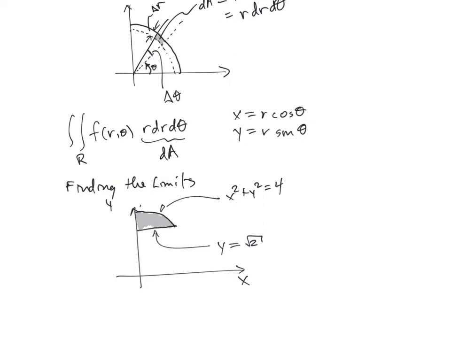How would we find the limits for r and theta? Well, it's always good to know where all the terminal points of this region of integration are. If I draw this axis up a little higher like that, what is this point right there? Well, obviously x equals 0 there, and what is y equal to at that point?